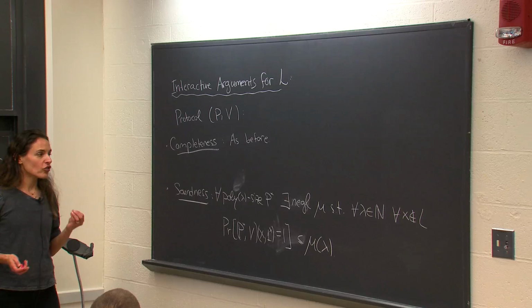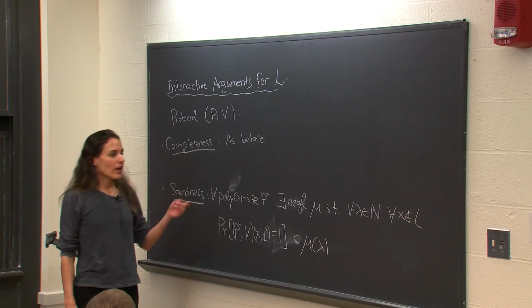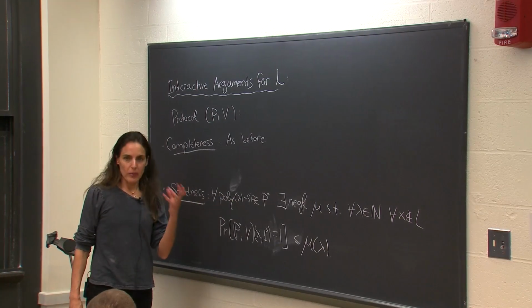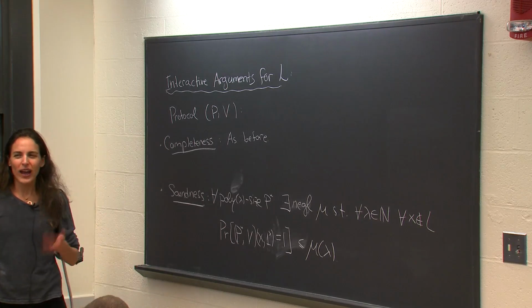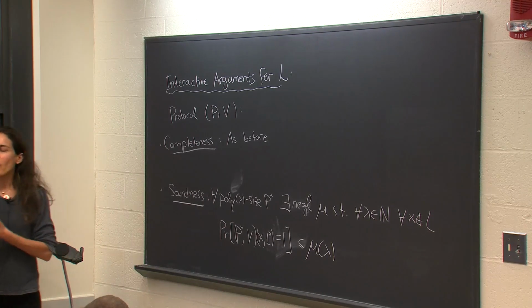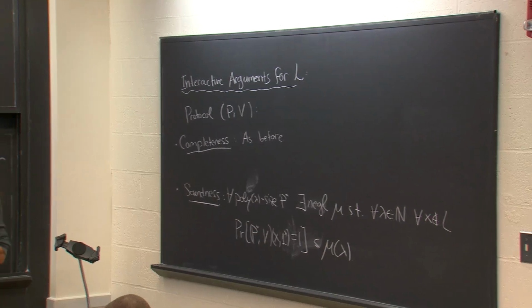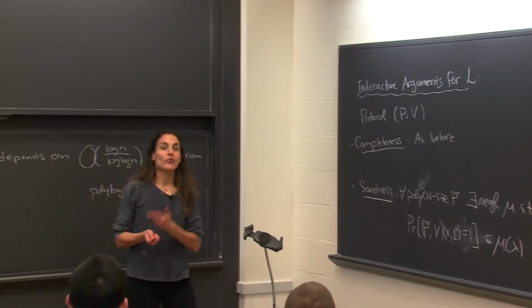And the computational version of soundness says the following. There's a security parameter. When you talk in cryptography, there's always a security parameter, which says how much time we believe real-world adversaries can run in.